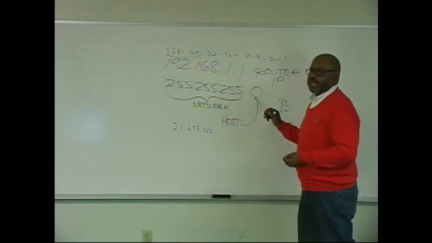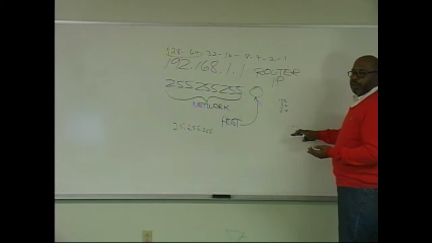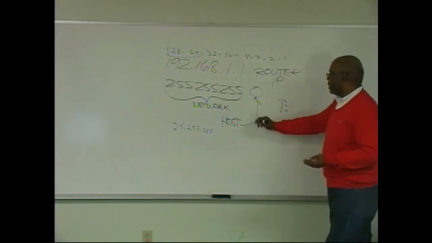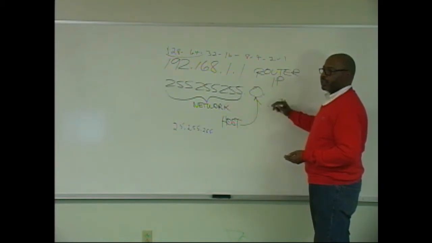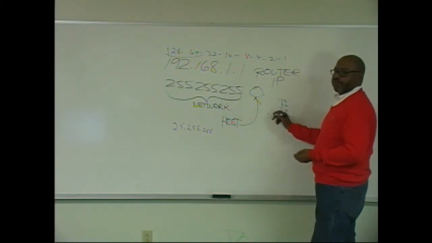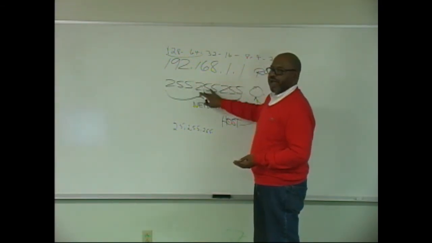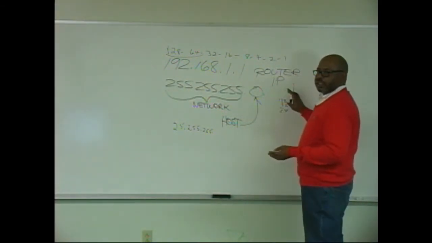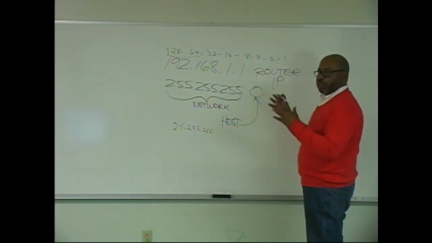But it's just a slash to tell you how many subnets you can make out of that original last octet, which is your host. And what it does is it subnets it for you. That's why you can take a class A address, which is 255.0.0.0, and break that down into smaller hosts.